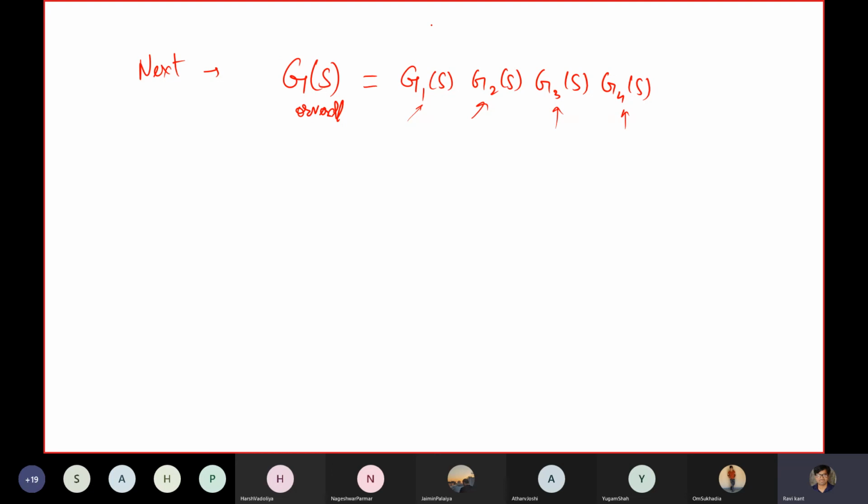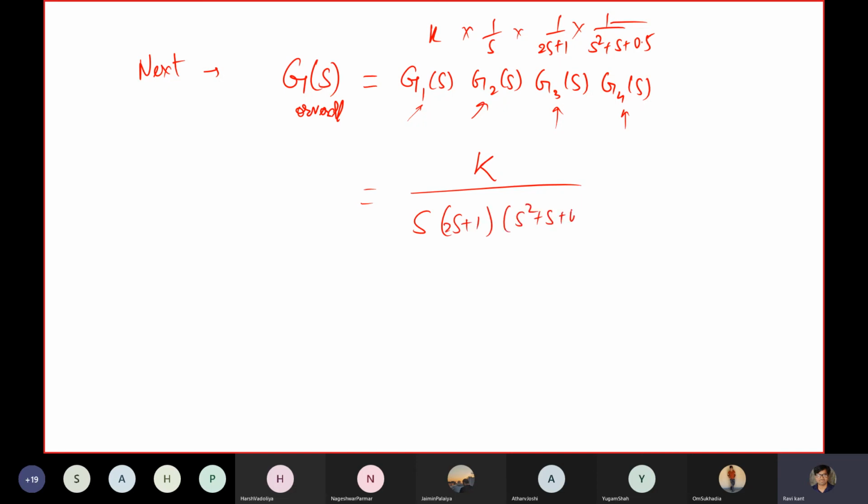The G(s) could be K, this could be 1 upon s, this could be 1 upon 2s plus 1, this could be a second order system, maybe s square plus s plus 0.5, and these are multiplied. So you may have a generic plant as K upon s times 2s plus 1 times s square plus s plus 0.5, and now you want to write the Bode plot of it.